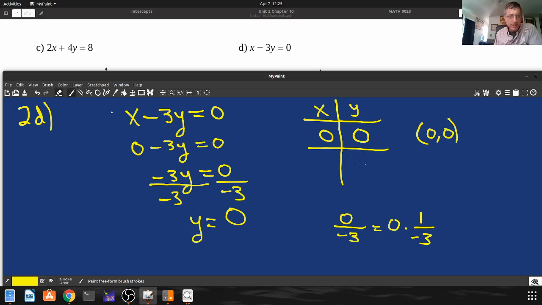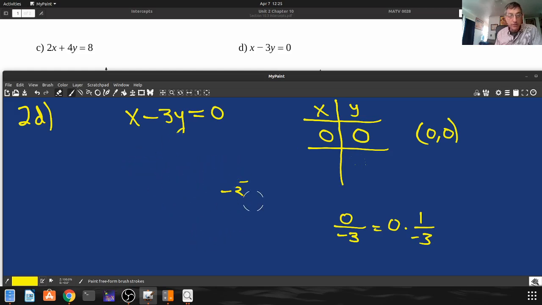So that means I have to find another point, because remember, our goal is to graph these lines. So in this case, you can literally choose any value you want. So let's choose a value of 5 for y.